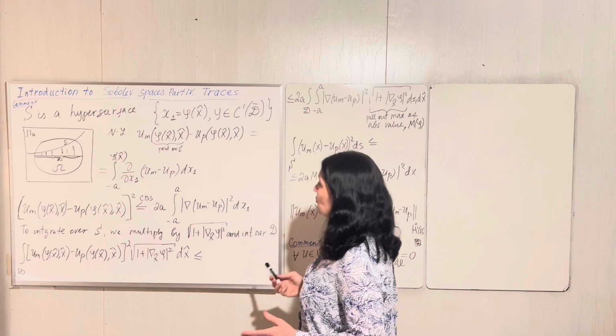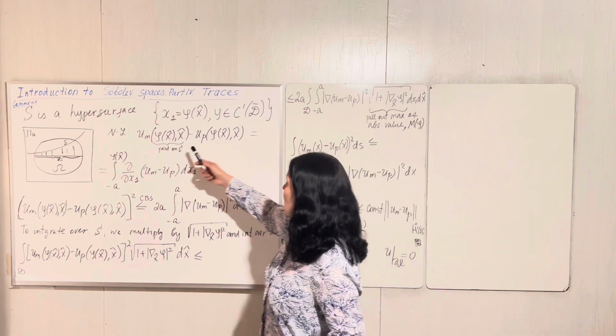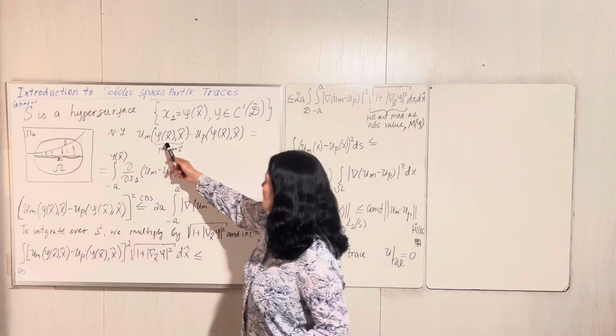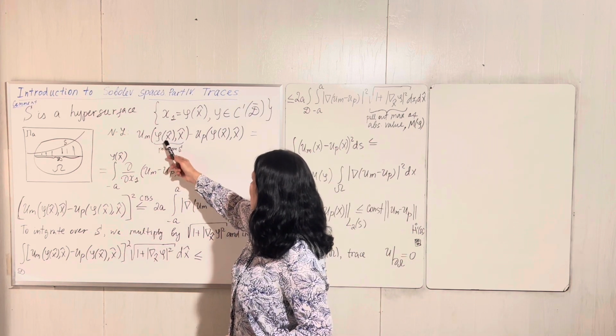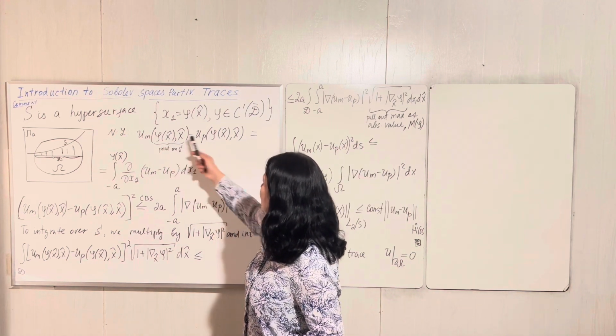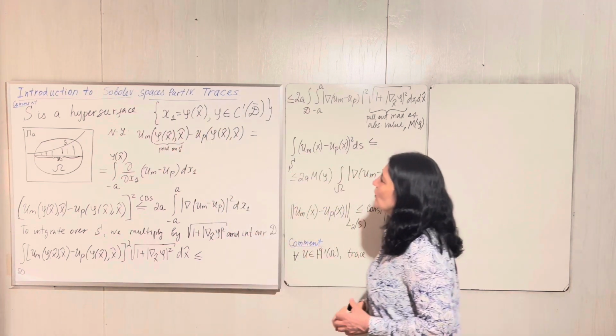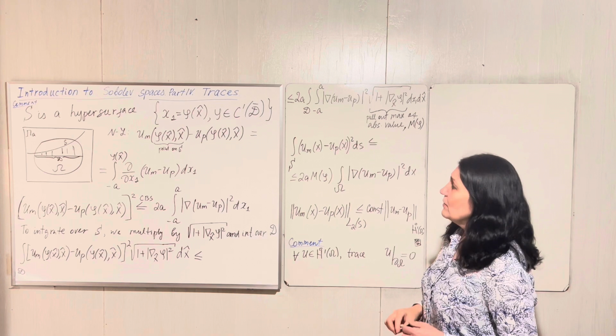And as before, the only difference compared to Theorem 1 is that instead of C1, we will have here phi, right? X1 will be not constant but a function of all other variables.